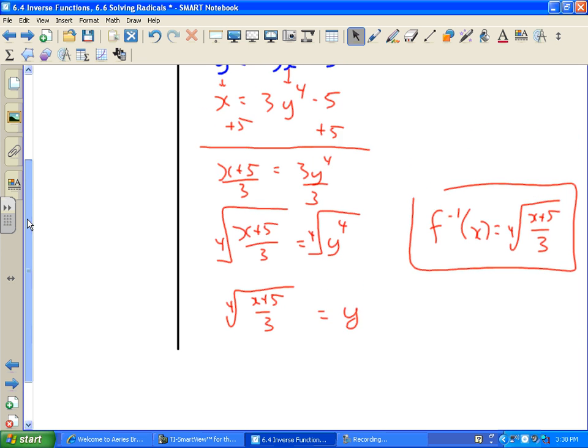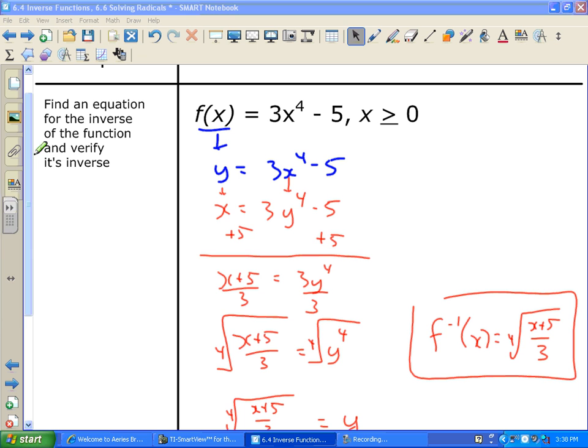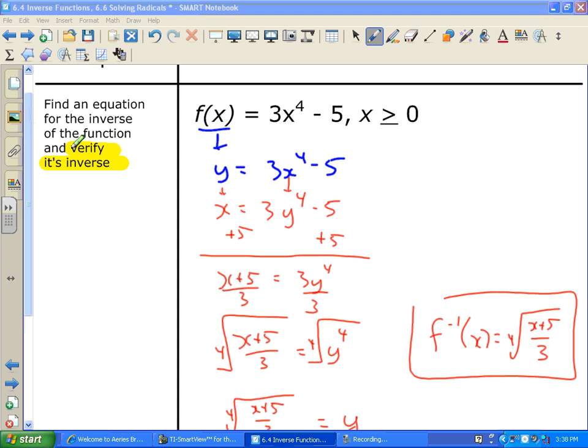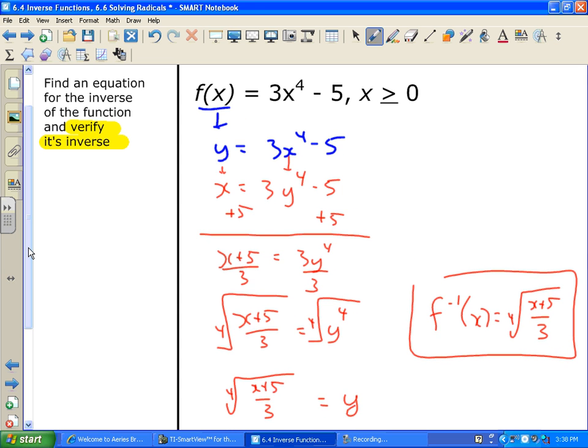That's the first half of this problem. The second half of this problem said verify. So here's what I have to do. I have to do the function composition to verify that they're inverses. Okay? So I'm going to take that function that I have, and I'm going to verify it.